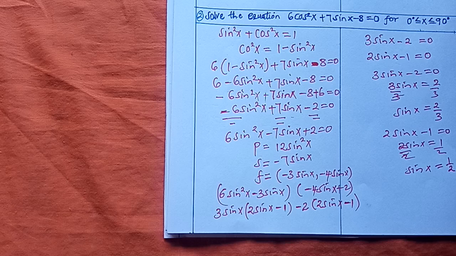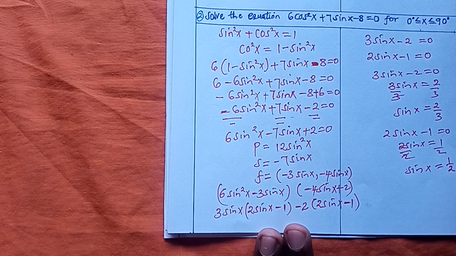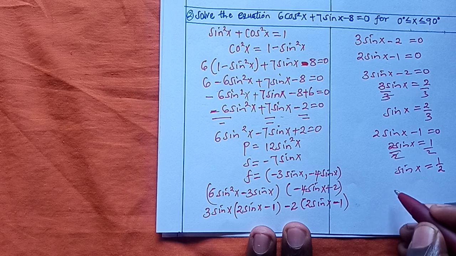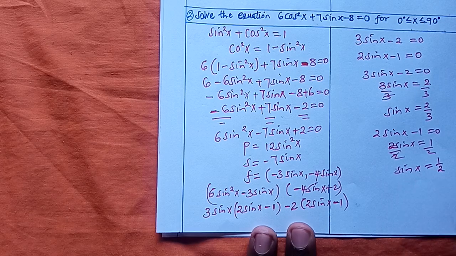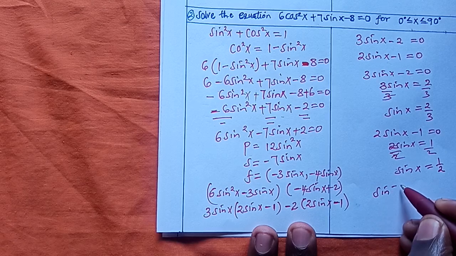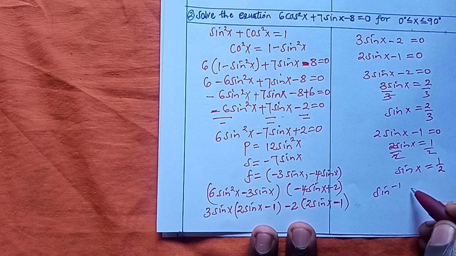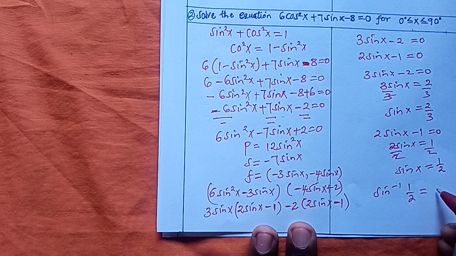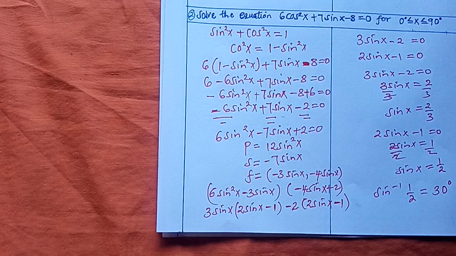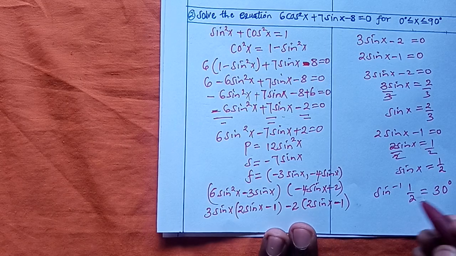Now for us to get x, we have to find the sine inverse of 2 thirds and the sine inverse of a half. Now, in this case, the sine inverse of a half is going to give you 30 degrees.